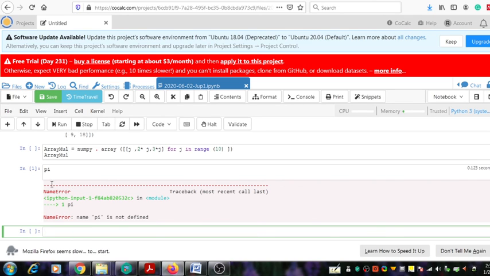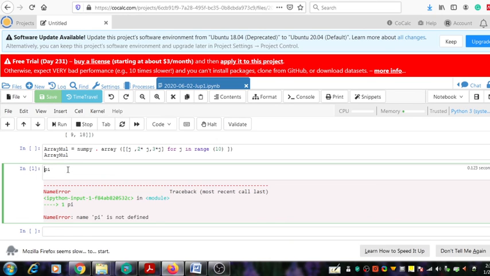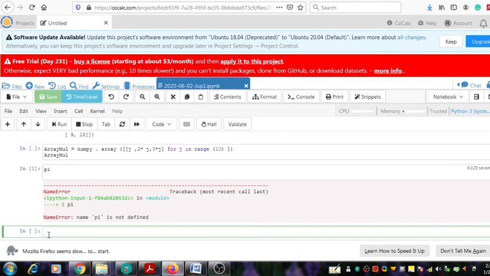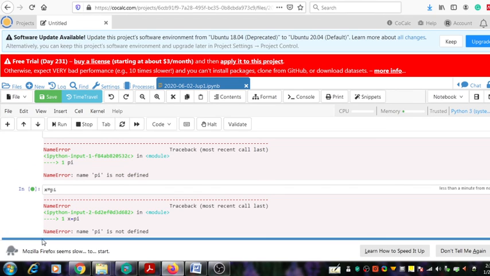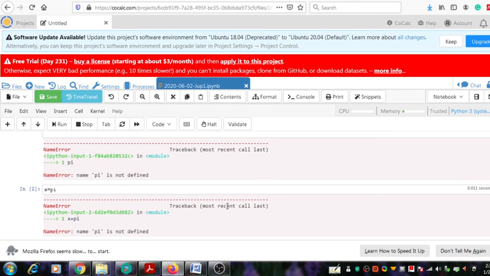Yes, it's an error. What's the problem? Instead of that, let's type x equal to pi, and then Control Enter. Then also it's a problem. Traceback, most recent call. Let's see that.